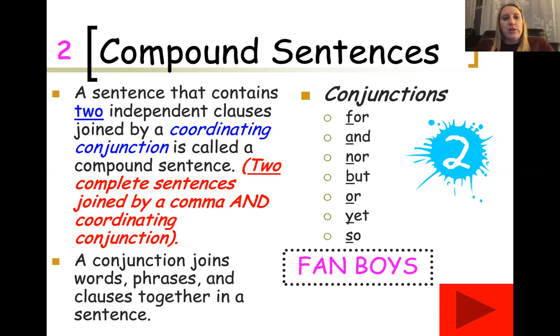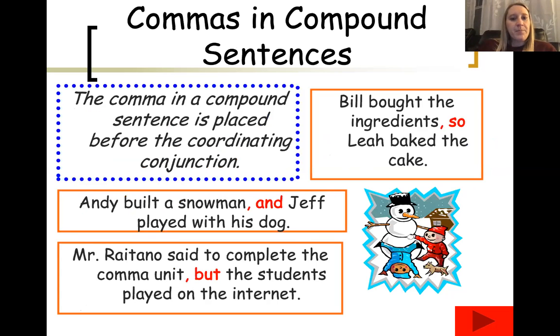Examples of compound sentences: Bill bought the ingredients, so Leah baked the cake. Anytime you use one of these FANBOYS joining 2 independent clauses together, you have to use a comma. The comma in a compound sentence is placed before the coordinating conjunction.